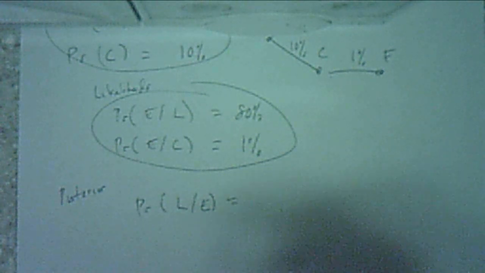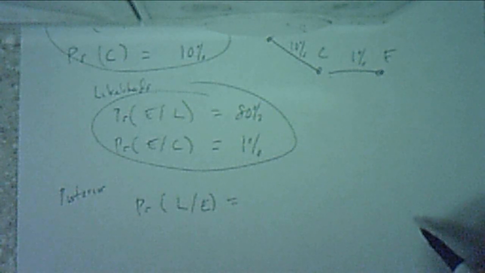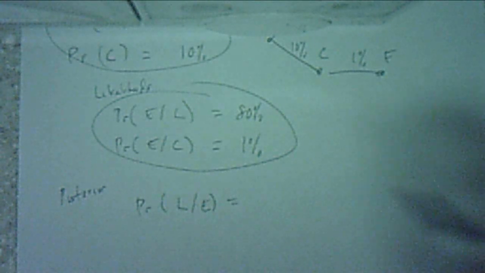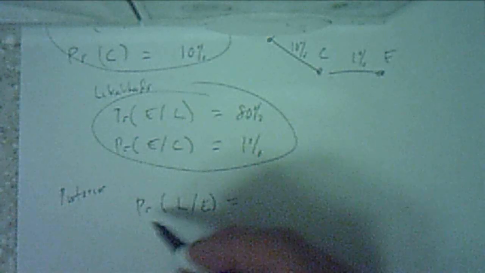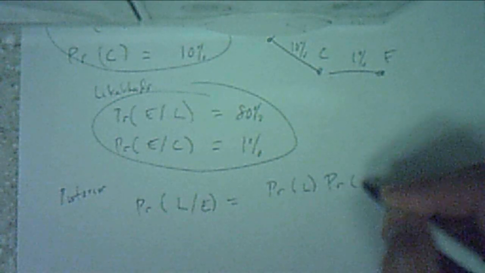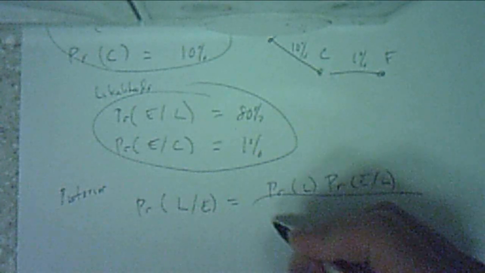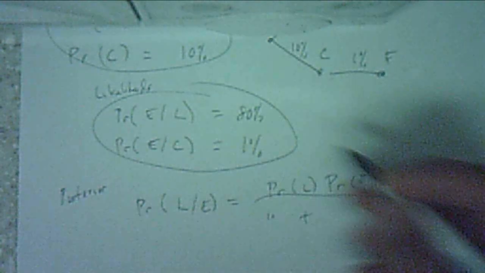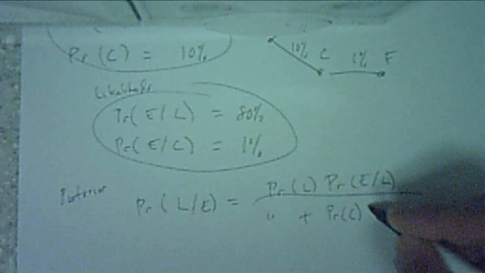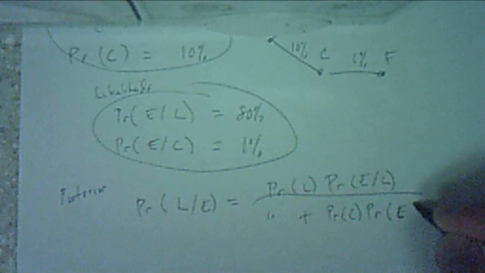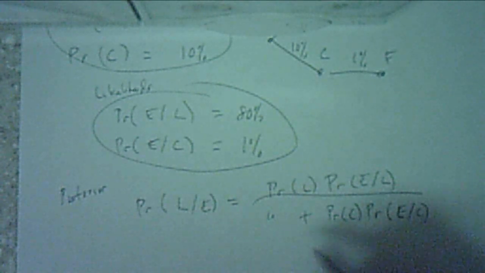Always do the Bayes formula first. If you start sticking in numbers, this will screw you up, and I cannot give you proper credit on the test. If you make mistakes with the calculation, but you show me all your work and you do the right type of work, I can give you more credit. So always show me the formula. It's the probability of L times the probability of E given L, divided by the same plus not L, which in this case is C. So the probability of C times the probability of E given C. Okay, and you stick those numbers in.